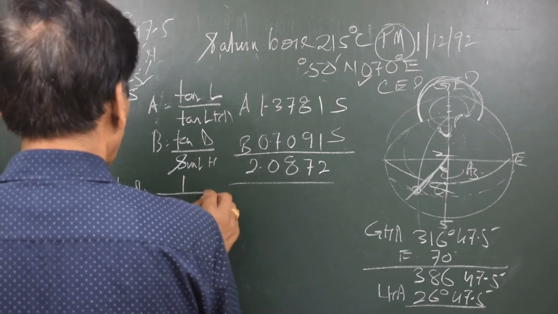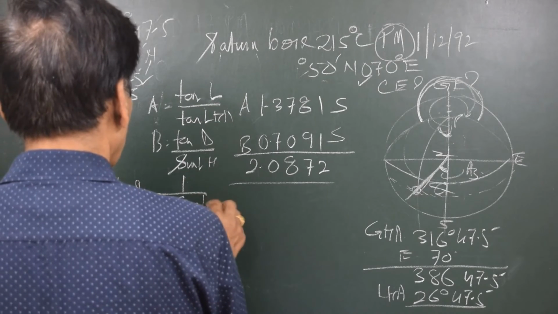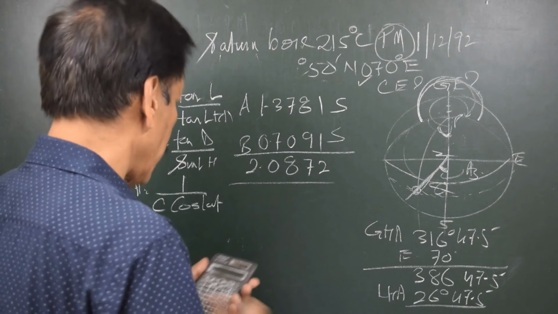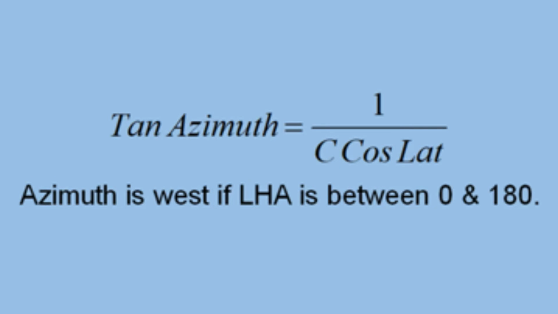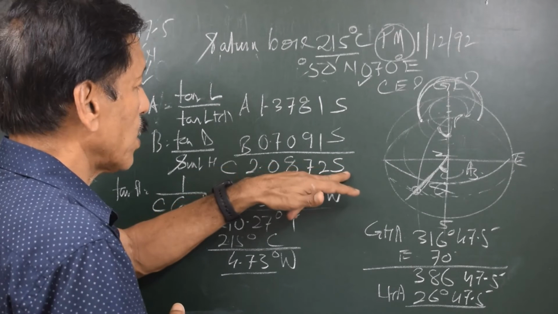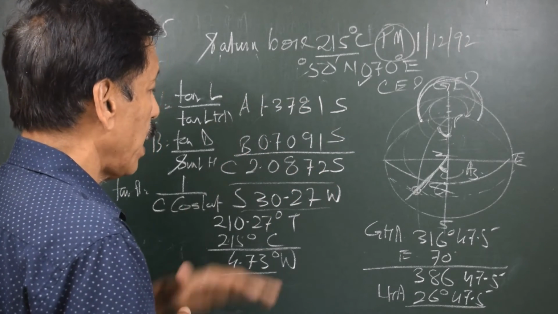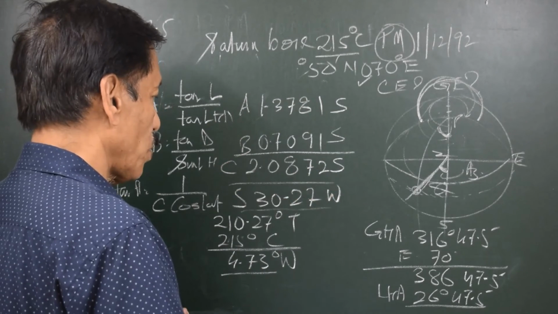Now tan azimuth is equal to 1 upon C cos latitude. This is C, and the naming of C will be south only because both are south, so we add the two. And the C therefore is also south.